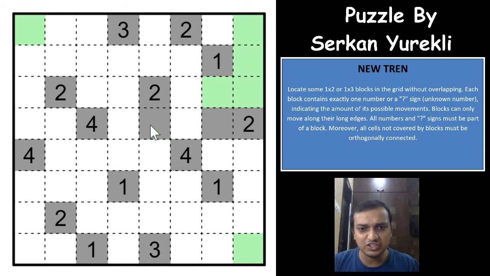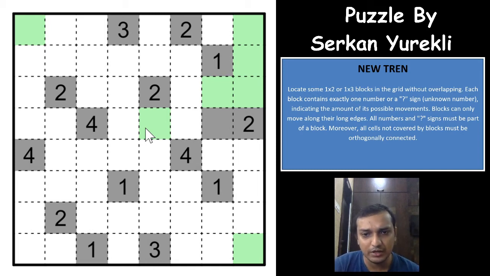So if you have this as a shaded cell, you don't have 2 possible movements for this block. So this will have to be unshaded, right? This is one of the really good tricks, and it will be really helpful for you to solve these kinds of puzzles.